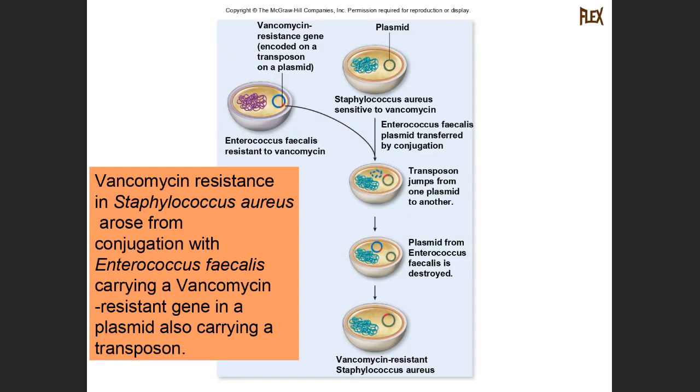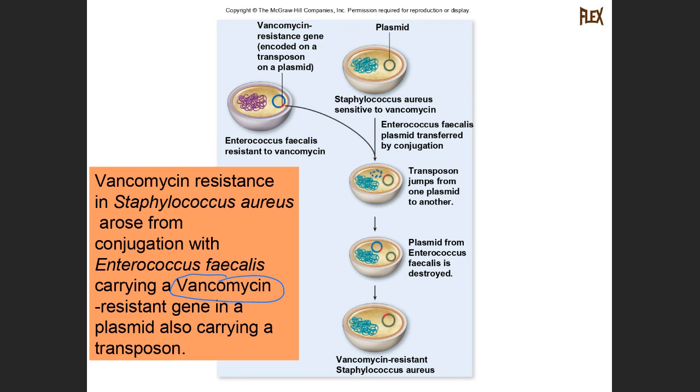And this last one just talks about vancomycin resistance in Staph aureus arising from conjugation between Staph aureus and Enterococcus. Basically the problem here was that vancomycin, it turns out, is the antibiotic that they give to animals to make them grow bigger, quicker.